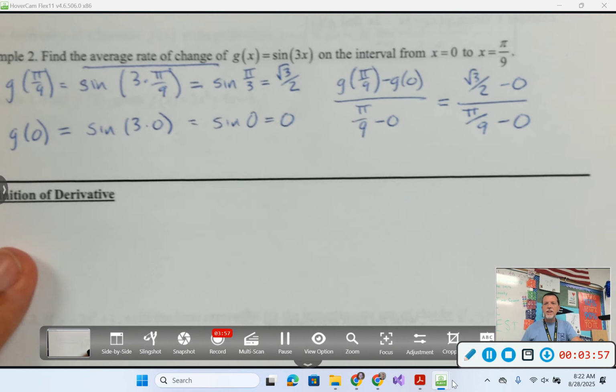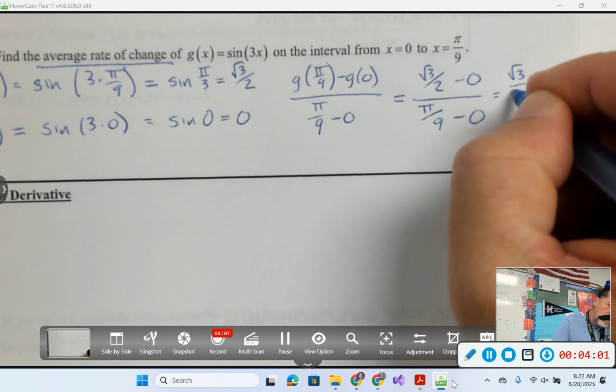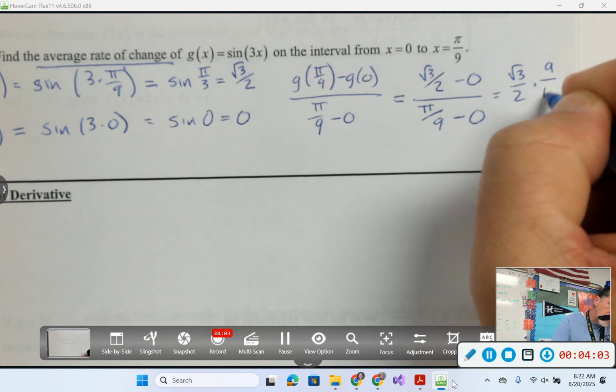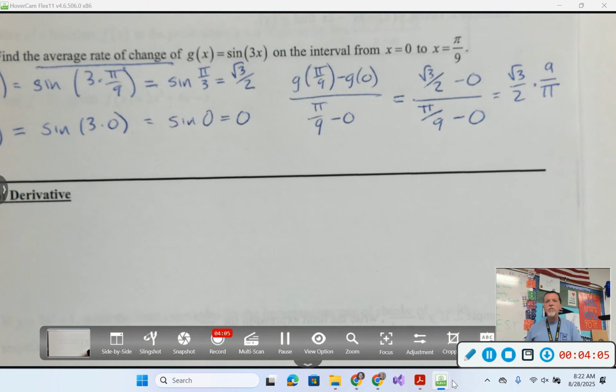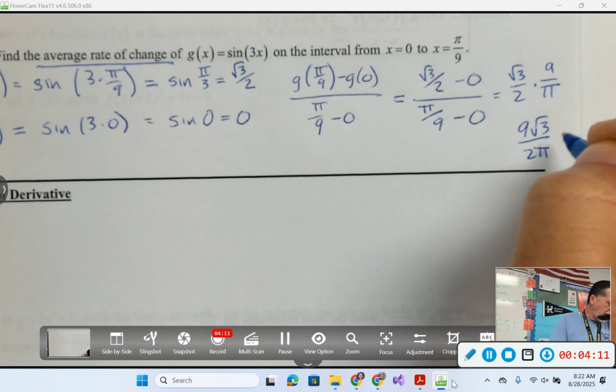That looks kind of ugly, so let's finish this off here. Root 3 over 2 times 9 over pi, if we want to do the keep it, change it, flip it thing. So 9 root 3 over 2 pi.